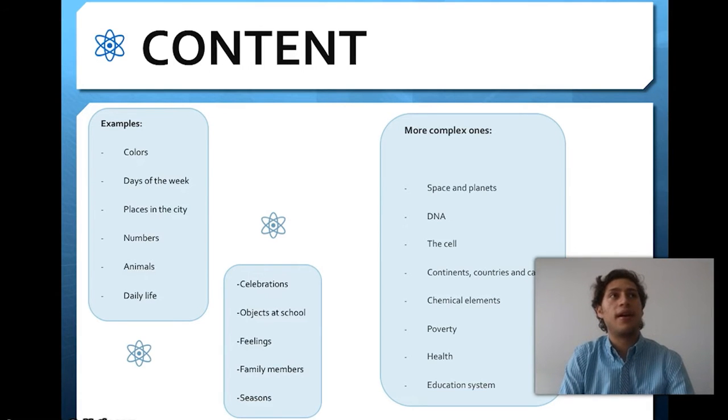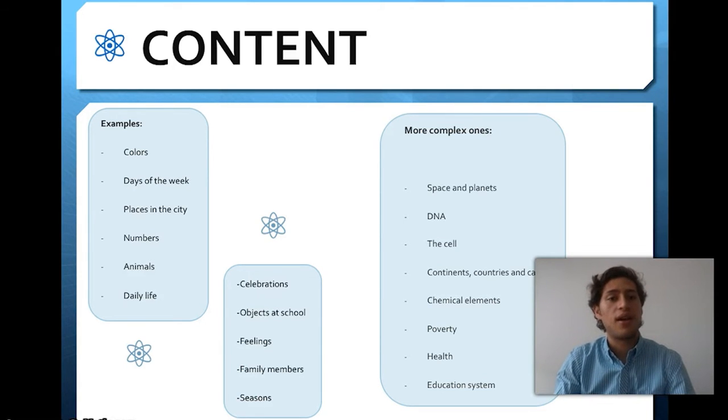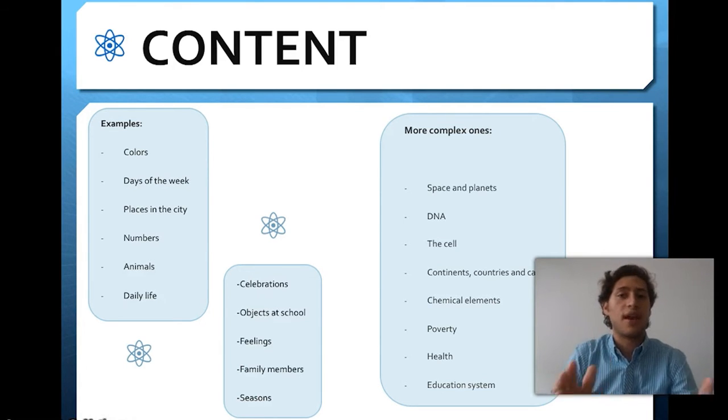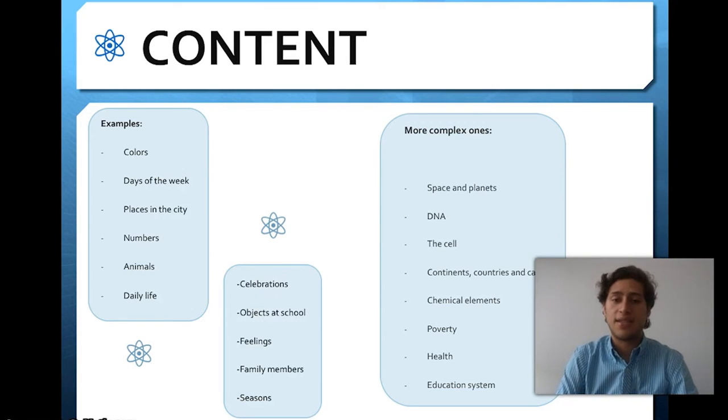They are still topics about which students are talking or learning in our English classes. They are basic because the stage of development in which they are actually requires these kinds of topics. Some other examples are celebrations, objects at school, feelings, family members, and seasons.